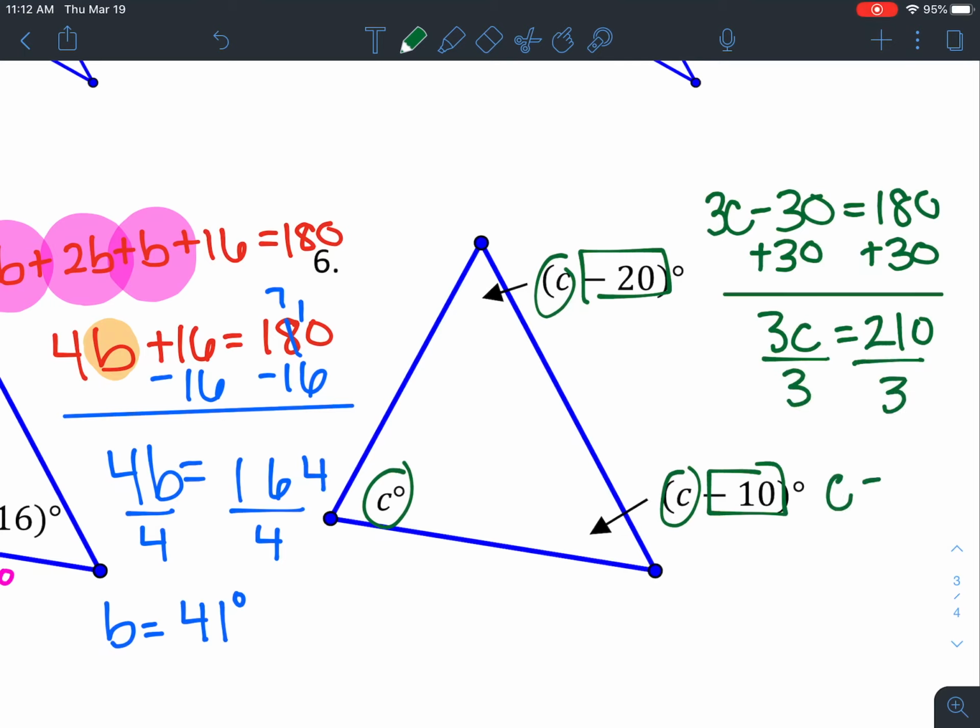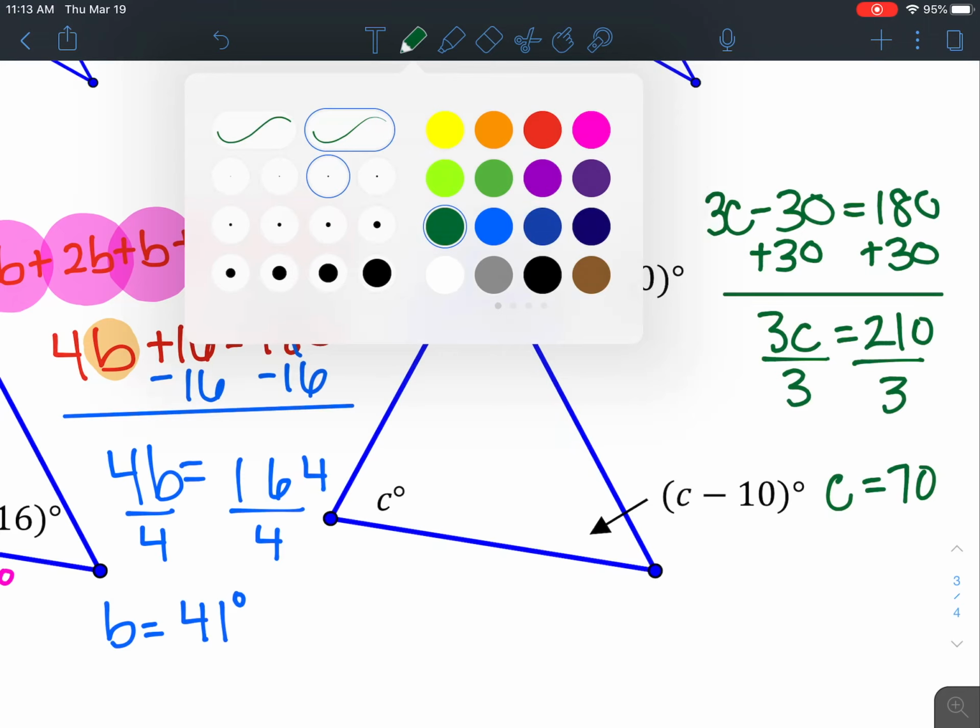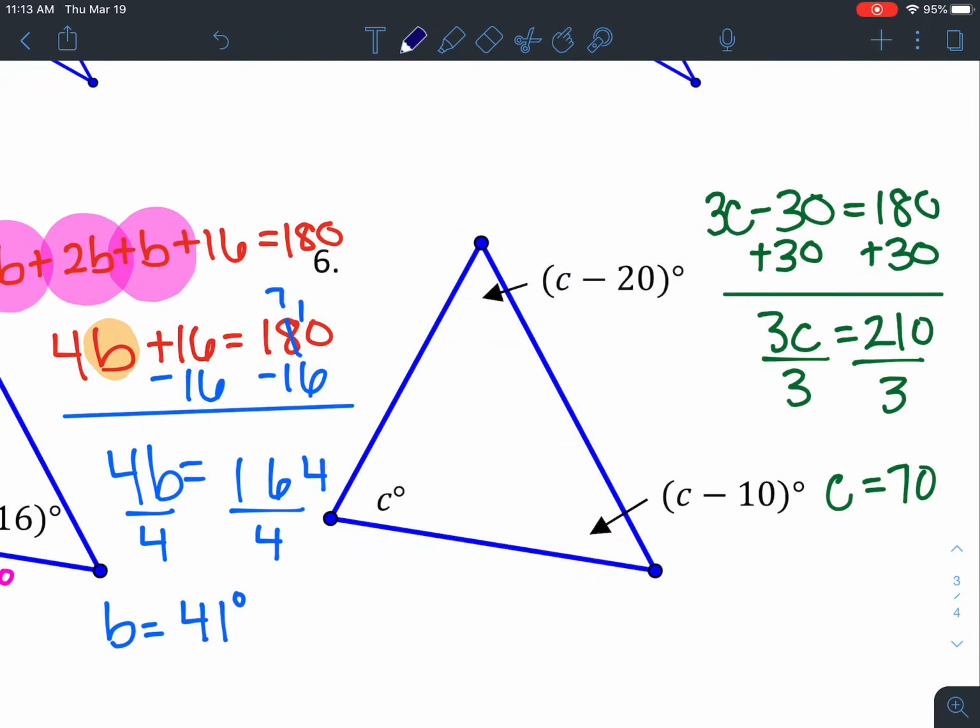Divide by 3, and c equals 70. So now to go back and find my 3 angle measures. This one down here would be just 70 because it was just c. This one's 70 minus 10. This one's 60 degrees. And this one up here, 70 minus 20 is 50 degrees.